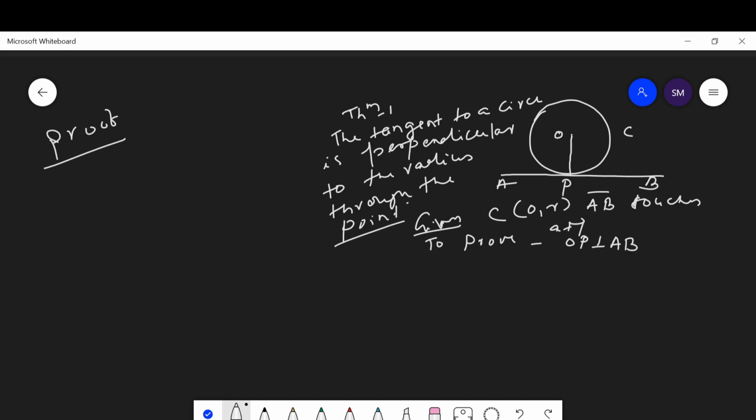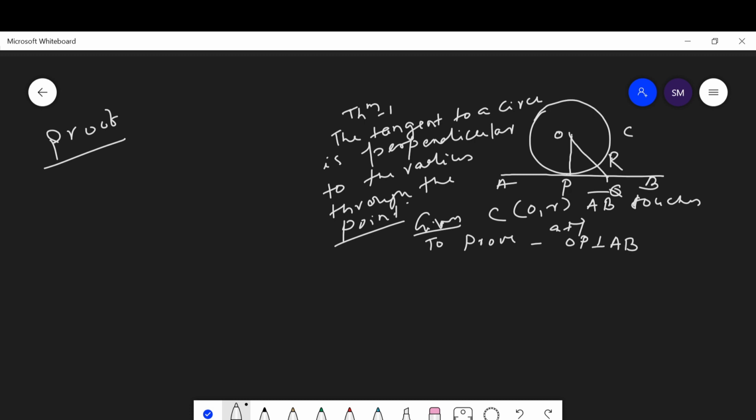Proof: let Q be any point on the tangent and join OQ. It intersects the circle at the point R. Then we know that among all the line segments joining the point O to a point on AB, the shortest one is perpendicular.